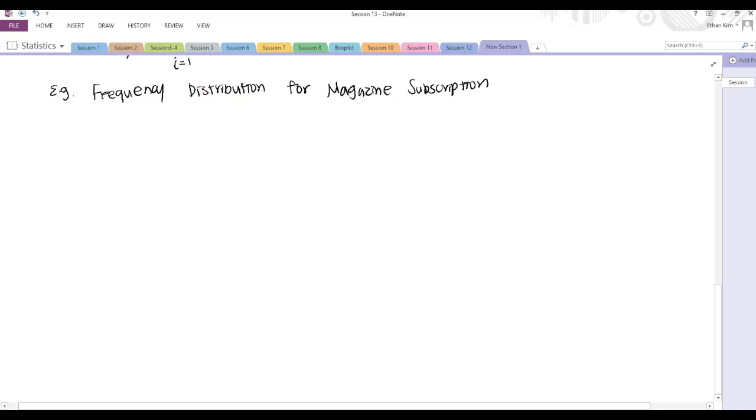We denote the number of magazines subscribed by x. This is a random variable, and this is frequency and relative frequency.